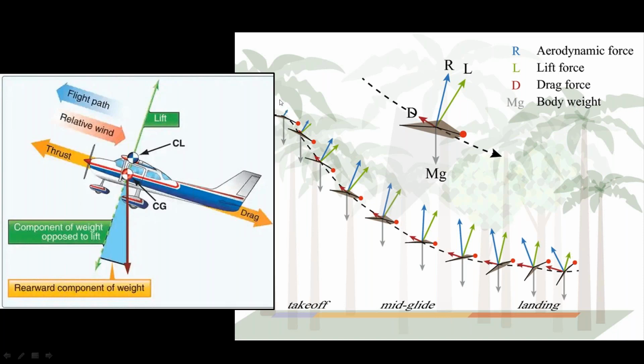And from a distance, if this is the object, when it is moving down, the body posture is changing, which really helps them to modulate their speed and also during the landing. It has to be a safe landing, right? So that's how they do it.